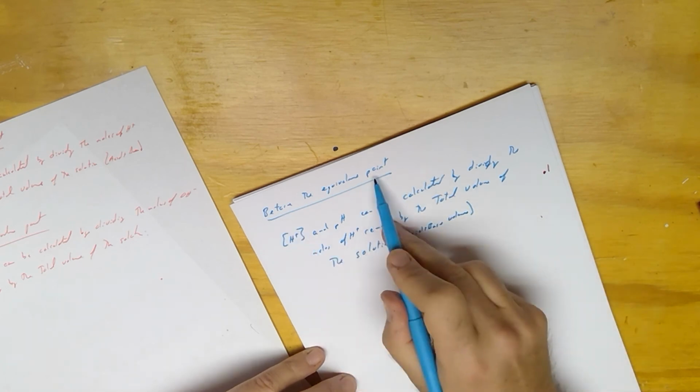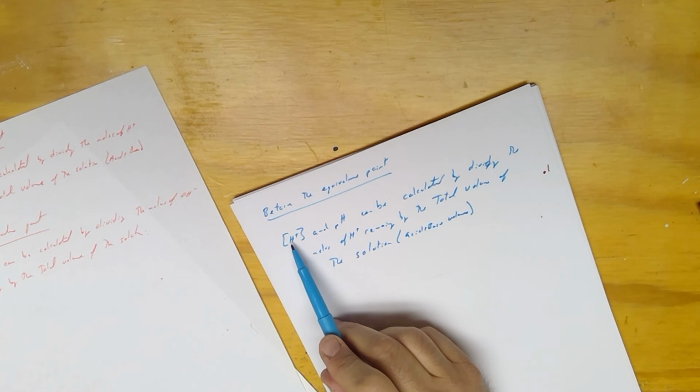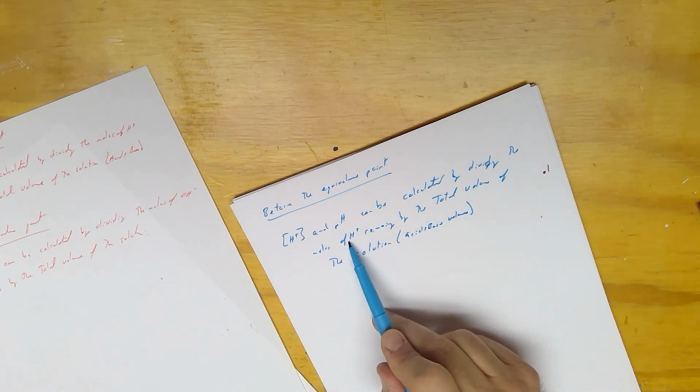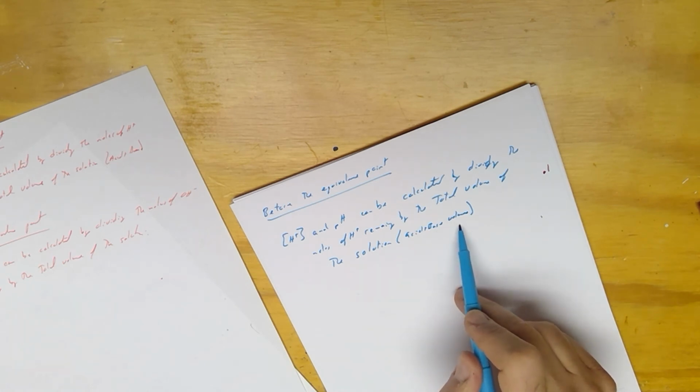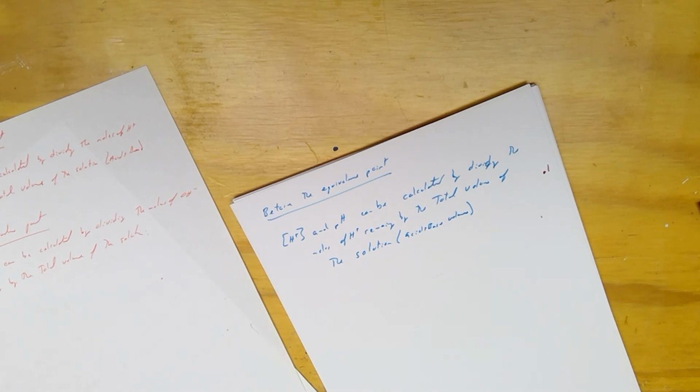Okay, so for before that equivalence point, we can calculate that concentration by just looking at the moles of H plus left and dividing it by my total volume. And then once I have that concentration, I can calculate pH.